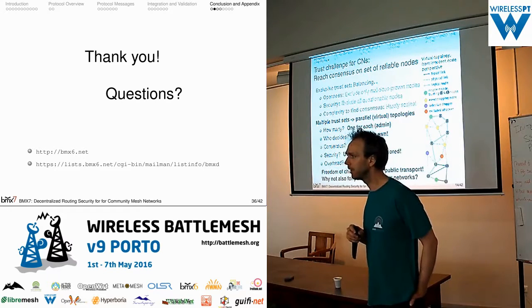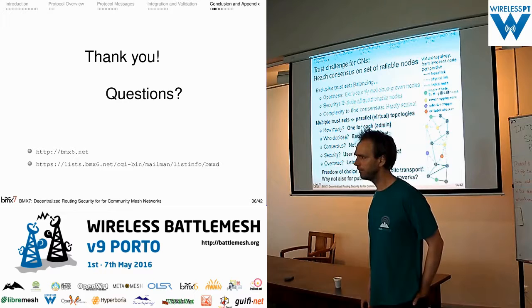Also, just a comment from my side. When I think of how to use this in our community network, it would end up that on our 100 nodes, even if I distribute who trusts whom, all 100 nodes are trusting each other.